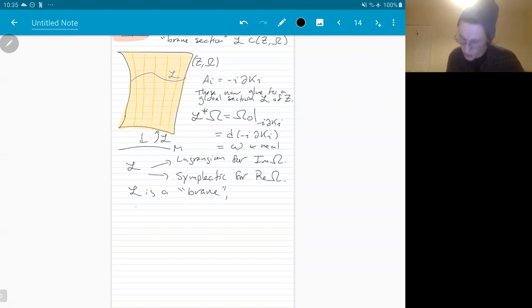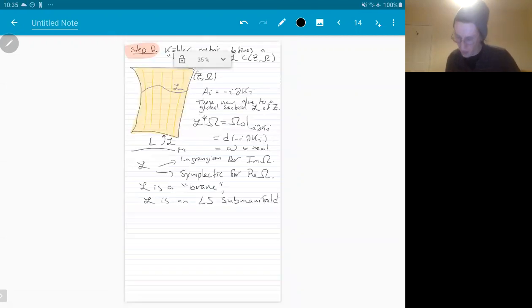Sometimes people use the terminology that L is an LS submanifold, because it's Lagrangian for the imaginary part and symplectic for the real part. But the upshot of all this is that L allows us to recover the metric.